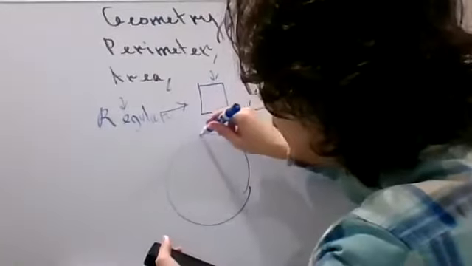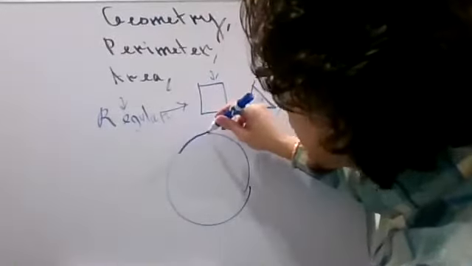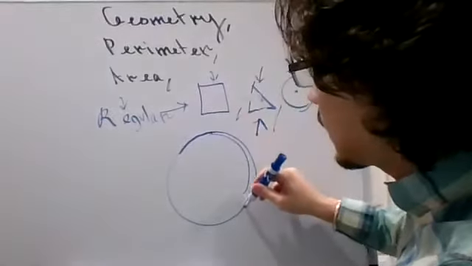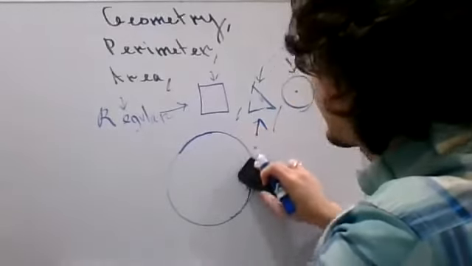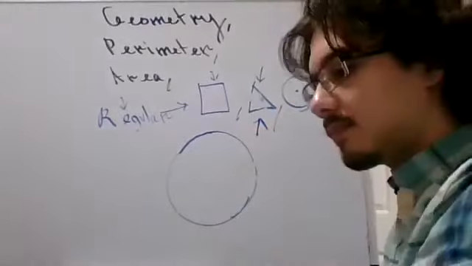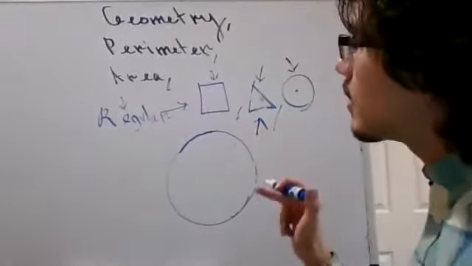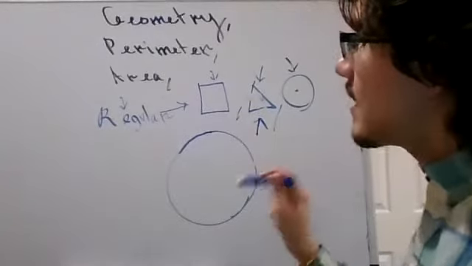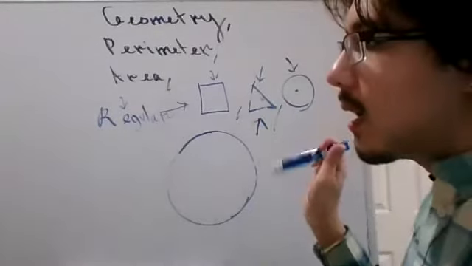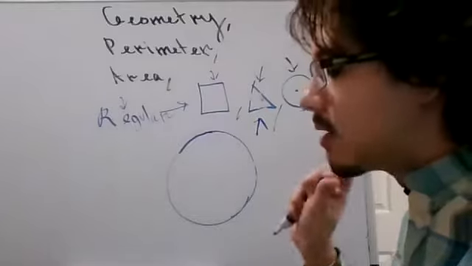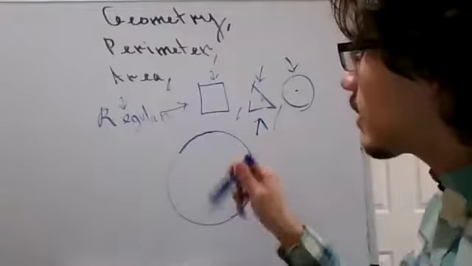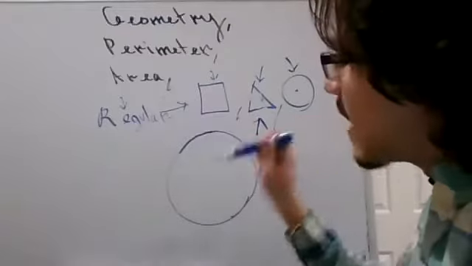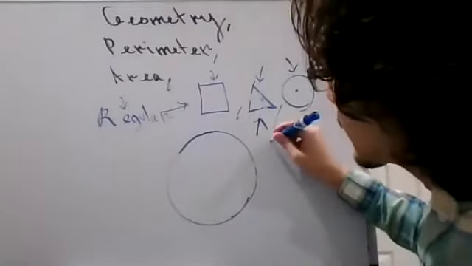For now, we have to use equations that describe the perimeter and the area of circles. Now, when you describe circles, you do not say perimeter, or at least in terms of math, you don't. In real life, you may say the perimeter of a circle, but in math, we call it a circumference.